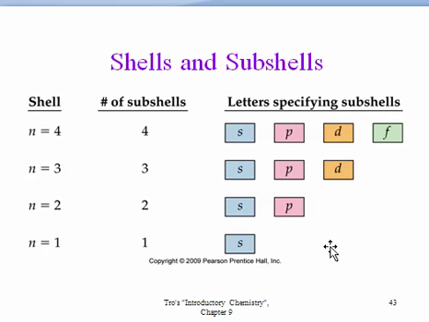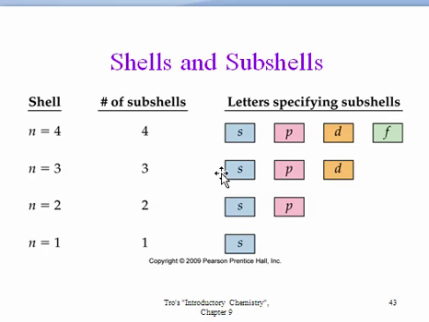However, if we're looking at any other atom with more than 1 electron, these have slightly different energy levels. So if we're looking at any atom except for hydrogen, the S orbital will always be lower in energy than the P. So here in our second energy level, the S subshell has slightly less energy than the P subshell.